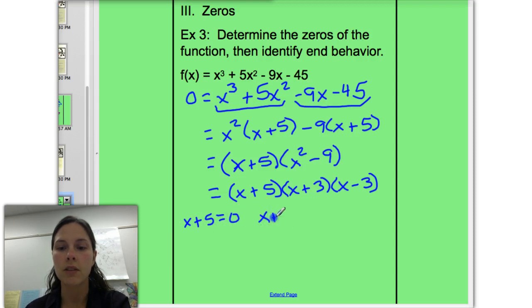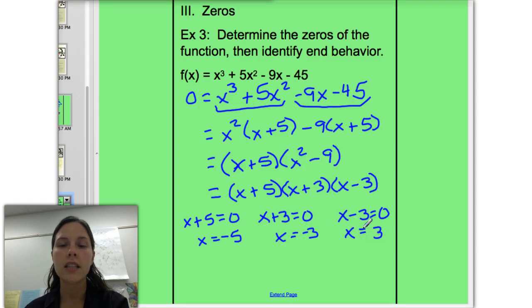So we've got x plus 5 equals 0, x plus 3 equals 0, and x minus 3 equals 0. And then solving each of these, we're going to subtract 5 from both sides on the first one, subtract 3, and add 3. All right, so that's the zeros.